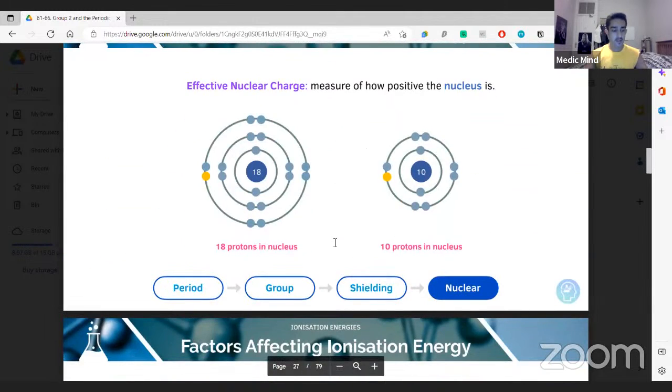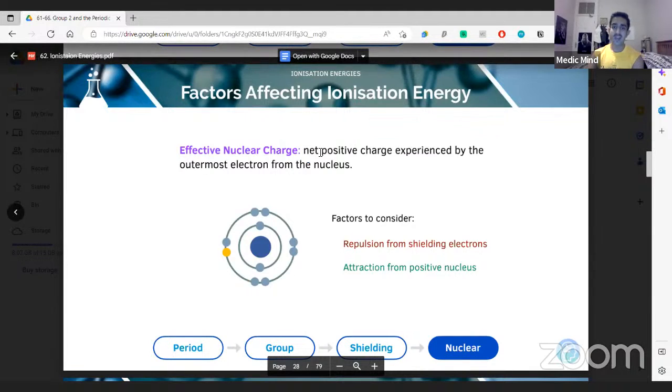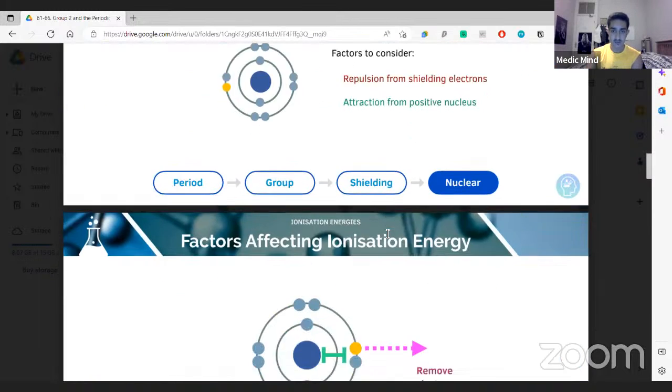The effective nuclear charge is a measure of how positive the nucleus is. It's the net positive charge experienced by the outermost electron, taking into account two factors: the repulsion from shielding electrons, but also the attraction from the positive nucleus.